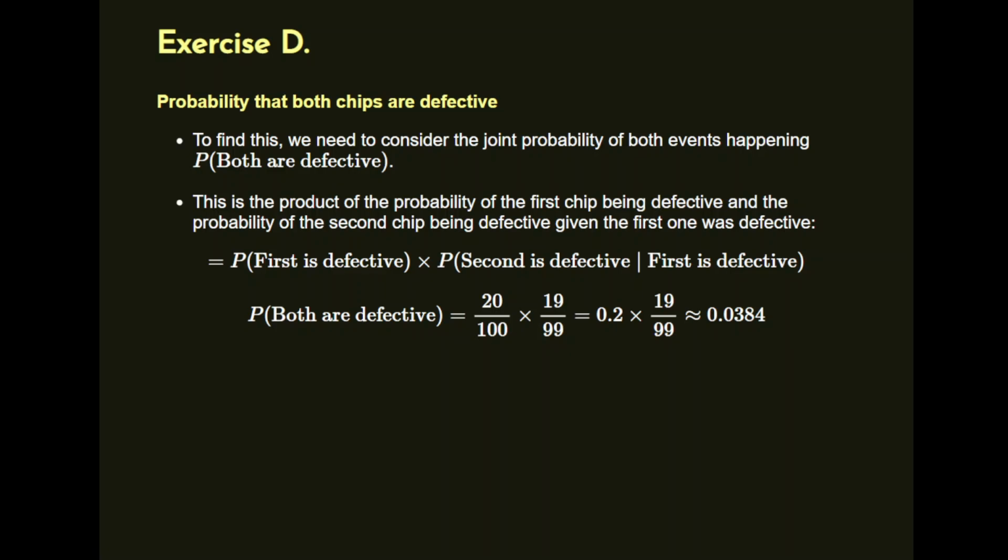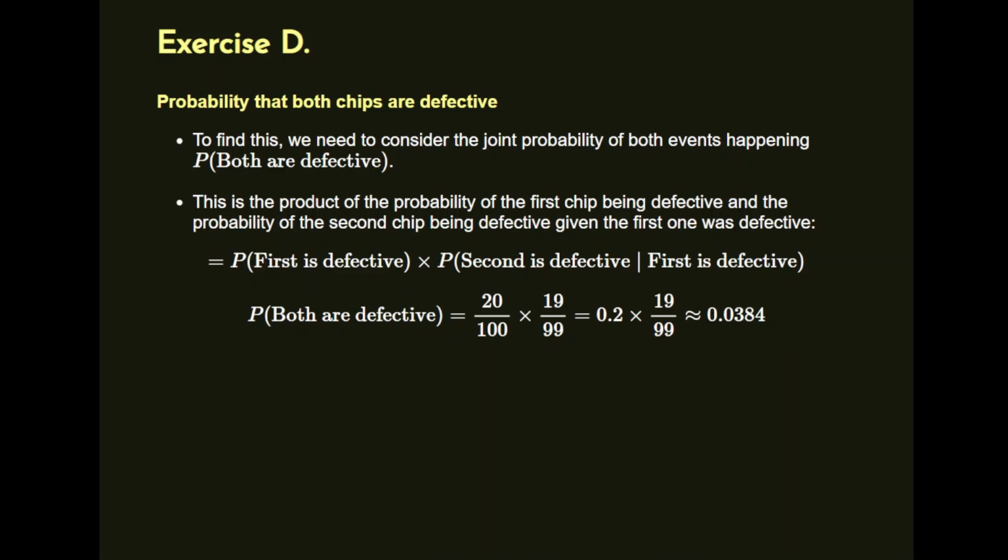So this is the product of the first chip being defective and the second chip being defective, given that the first one is defective. That is equal to the probability that the first is defective, which is 20 divided by 100, times the second is defective, given that the first one is defective also. That is 19 divided by 99.